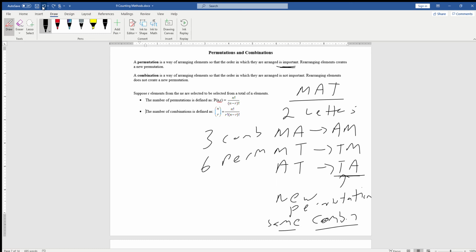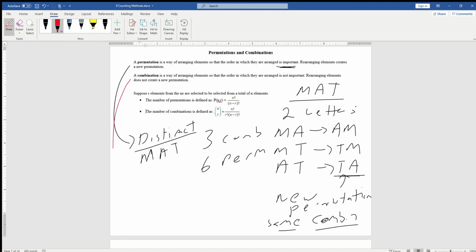Now, a question students often have is, when do I use a permutation and when do I use a combination? Generally, you want to use a permutation if every element is distinct. For instance, remember we just had the example M-A-T, and I was trying to pick letters from that. Then I would probably utilize a permutation.